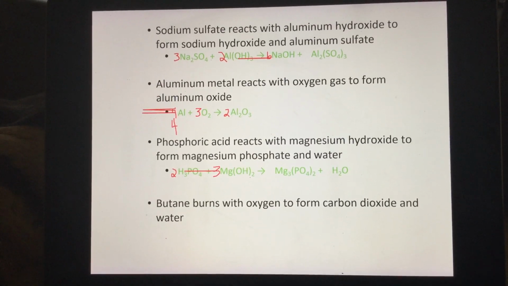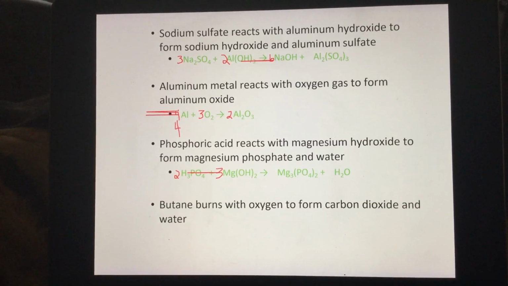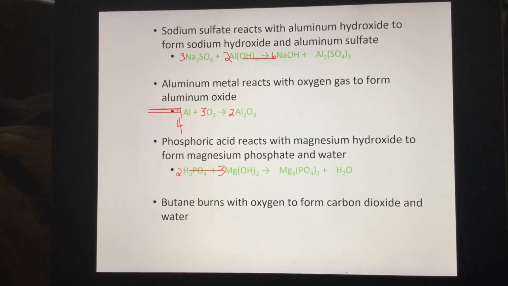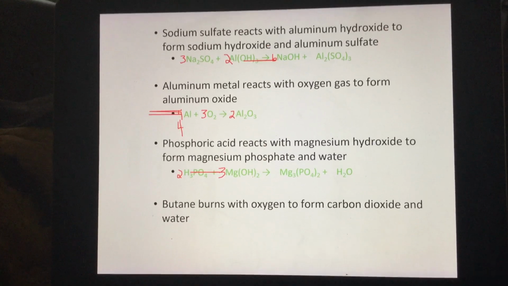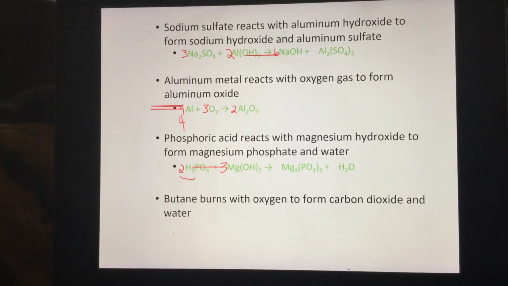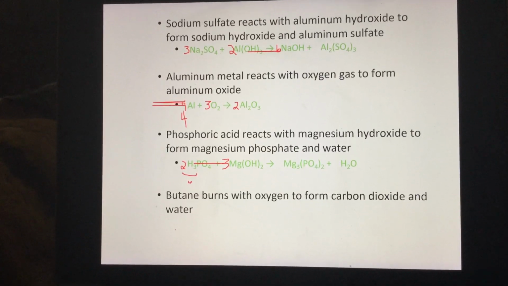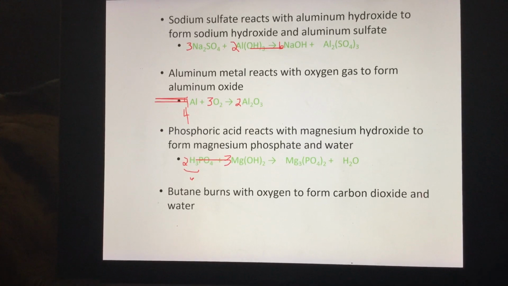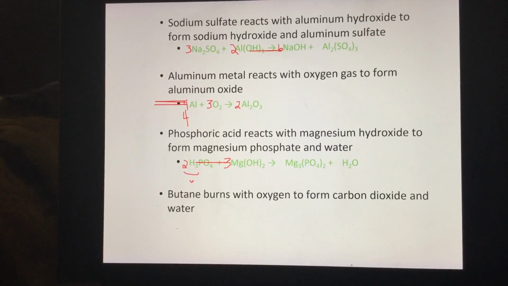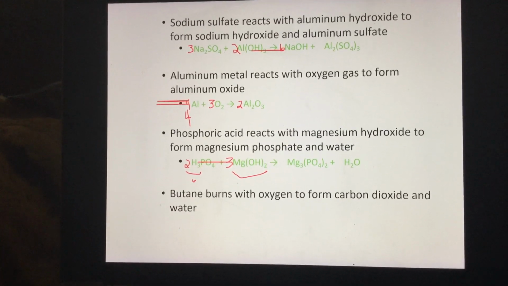So again, the rule says leave the hydrogens and oxygens for last, so it's best to do hydrogens first, then oxygen. So if we count up our hydrogens, we've got 6 right here, and you're welcome to, sometimes I'll put little sums here to help me keep track, especially when they're in more than one place. So I have 6 hydrogens here, and then I have 3 times 2, I have 6 more hydrogens here.